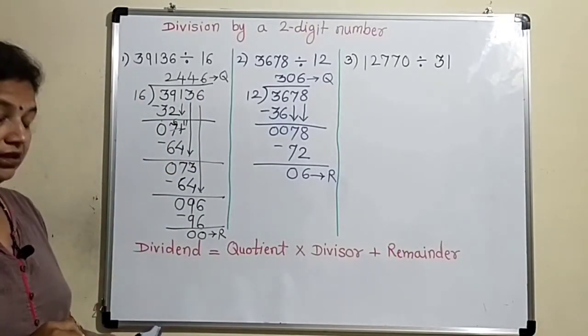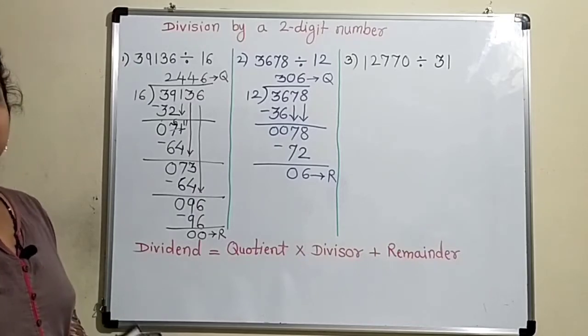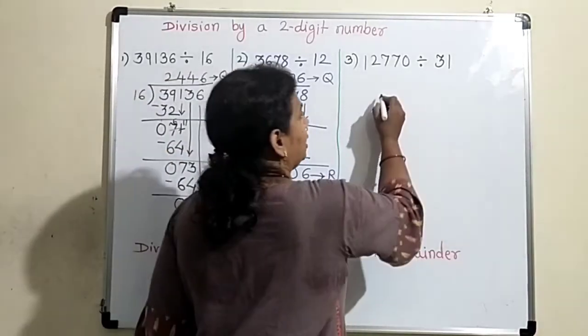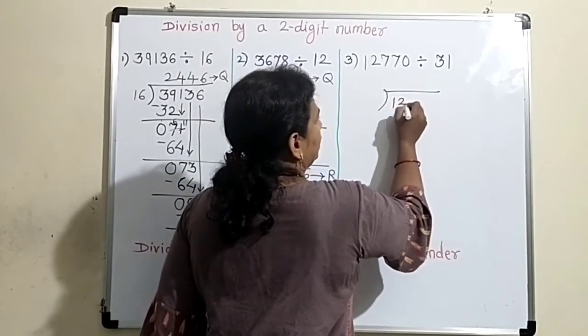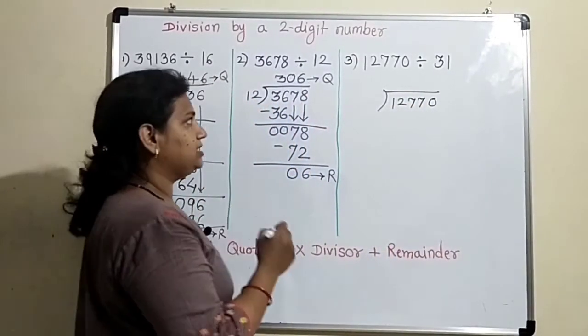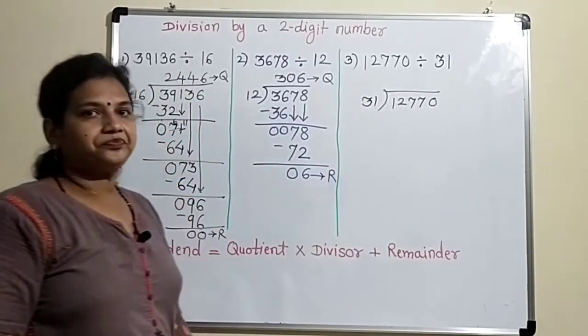Let us learn the third example. 12,770 divided by 31. Again the same way, my dividend will be inside the symbol and the 31 is my divisor.